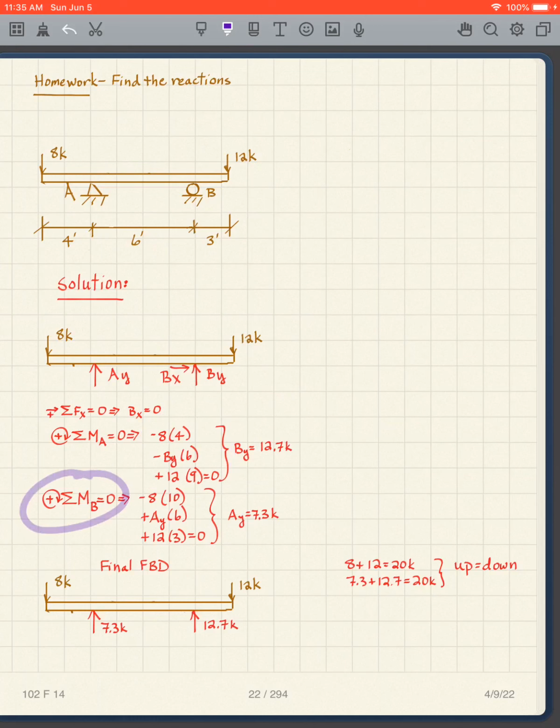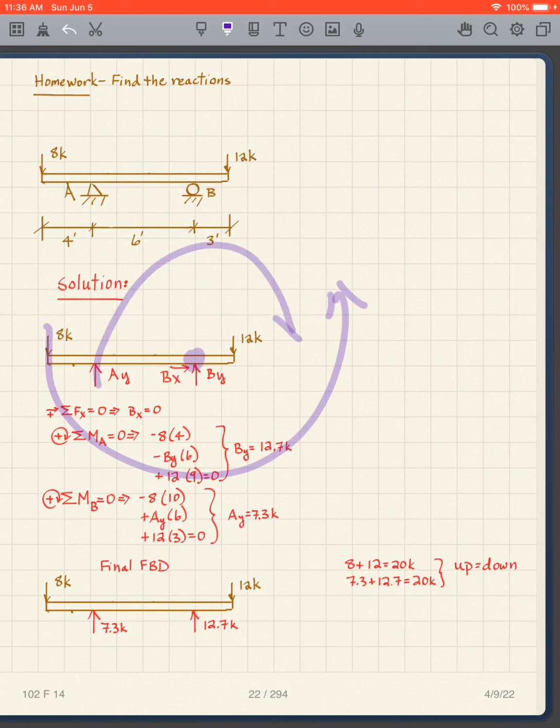Take moments about B equals 0. So I'm going to have 8 times 10, AY times 6, 12 times 3. Counterclockwise, so it's negative, clockwise, so it's positive, clockwise is positive.